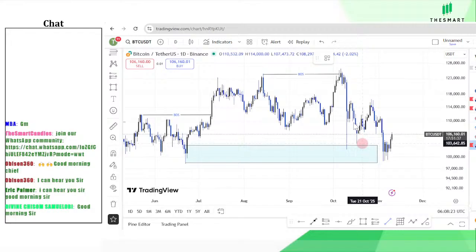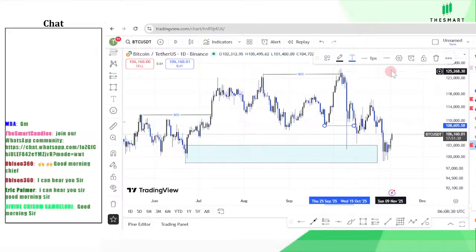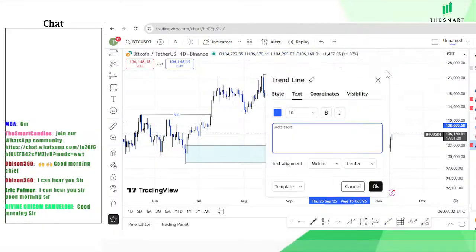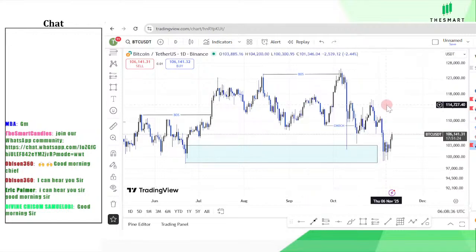And what can you see? From this level here, we had a change of character. On the daily, this was a change of character at this point, followed by this break of structure to this zone.